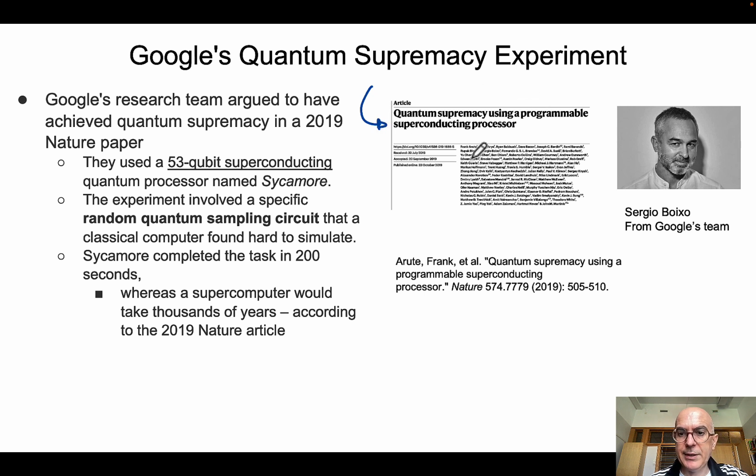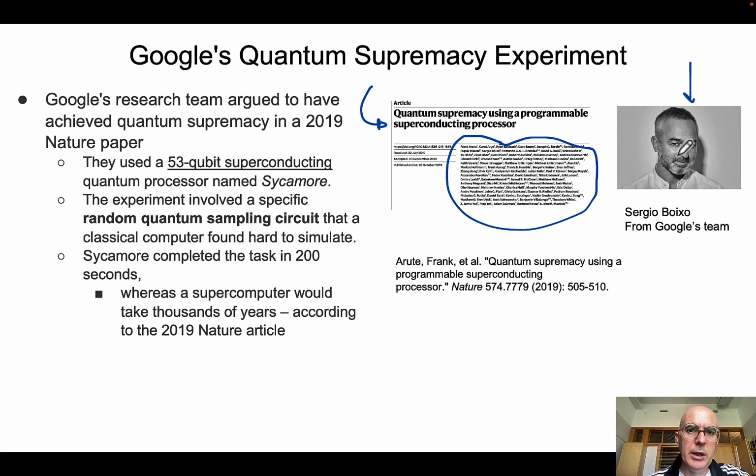The paper is called Quantum Supremacy Using a Programmable Superconducting Processor, by a team mainly from Google and the NASA team. I also put on these slides one of the leaders of this experiment, Sergio Boixo, from the Google team.